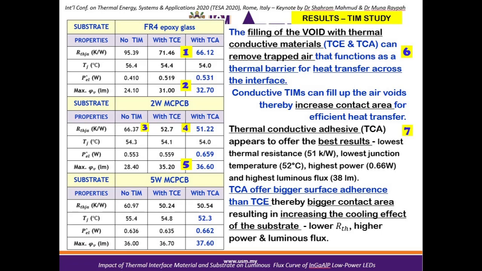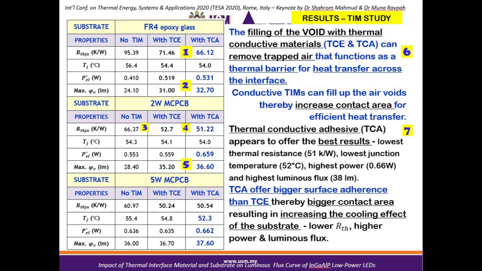The same response is observed in the metallic substrate in items 3 and 4. The improvement in thermal resistance is about 20%. The same goes for the luminous flux, which delivers a luminous flux of 36.6 lumens.